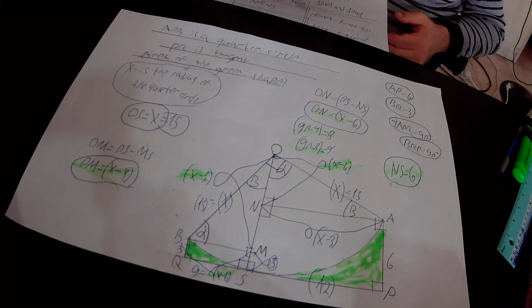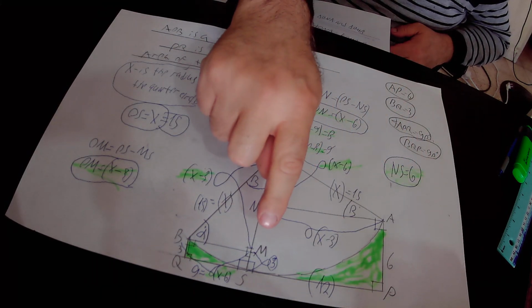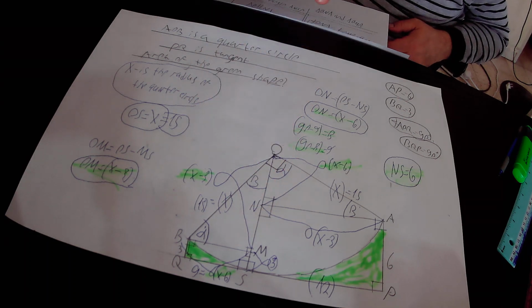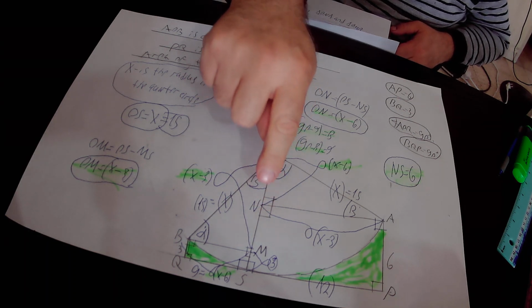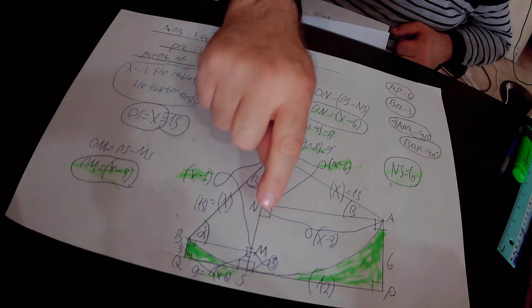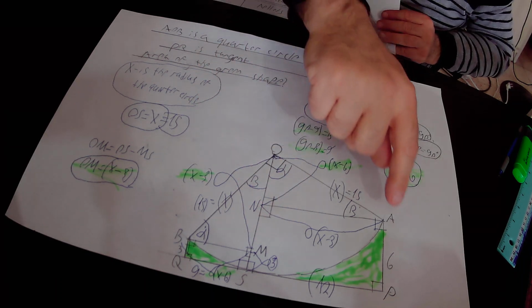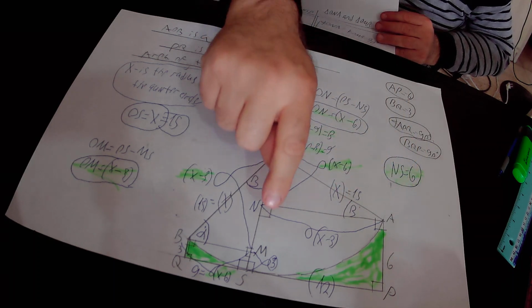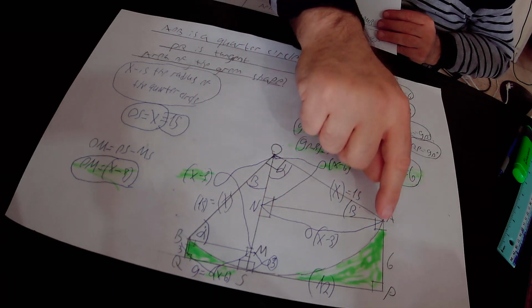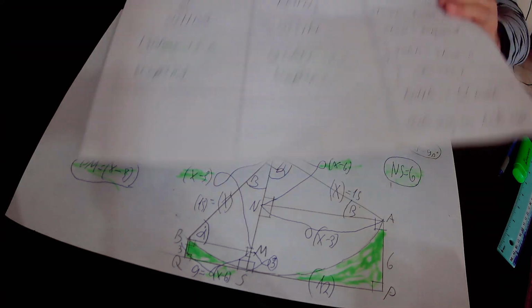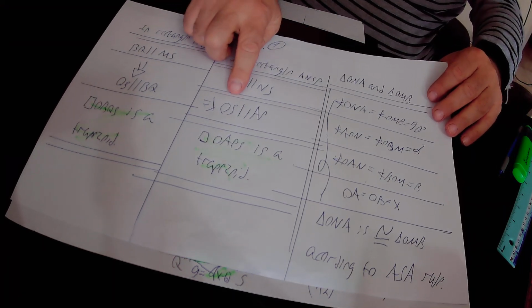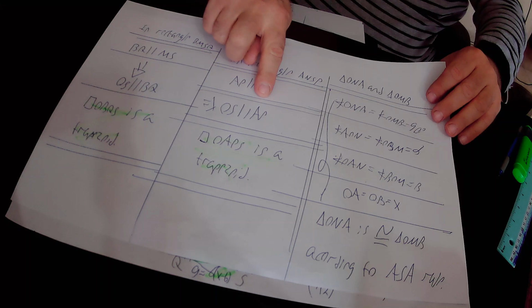So here AP is parallel to NS. But NS is part of the straight line OS. So part of the straight line OS is parallel to AP, therefore the straight line OS itself must also be parallel to AP.